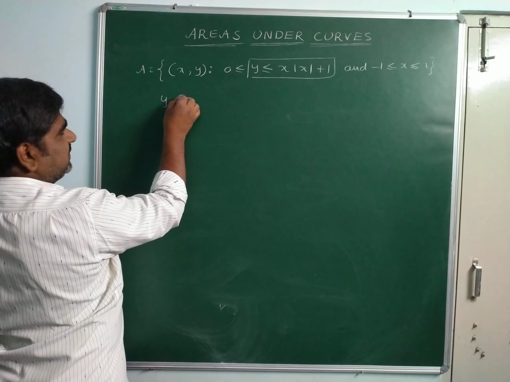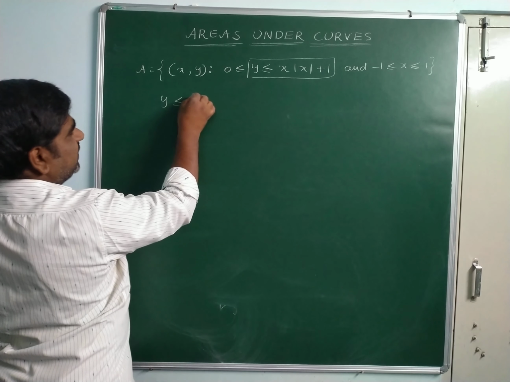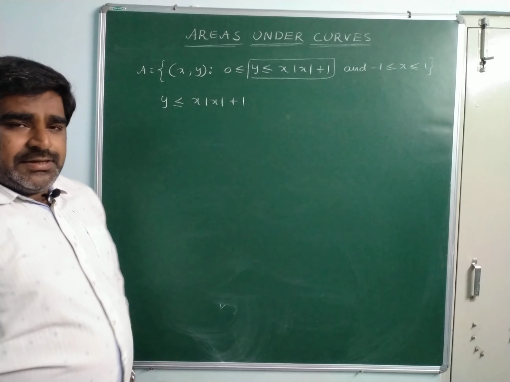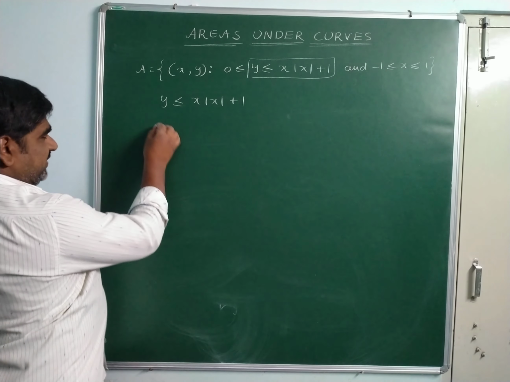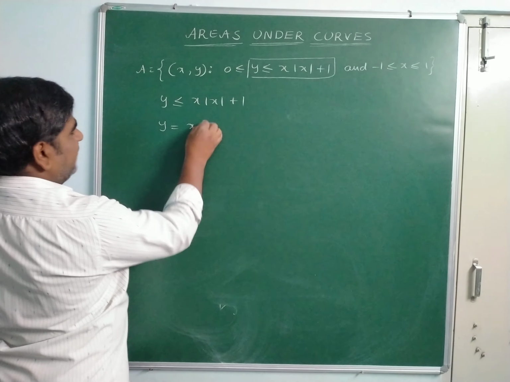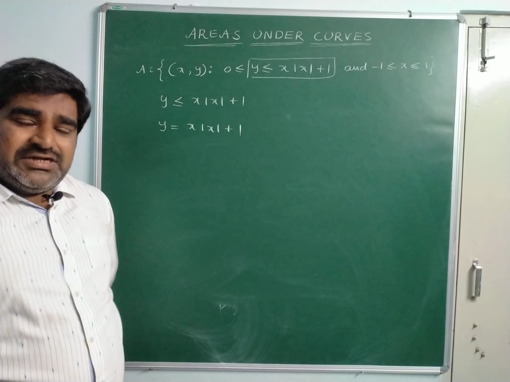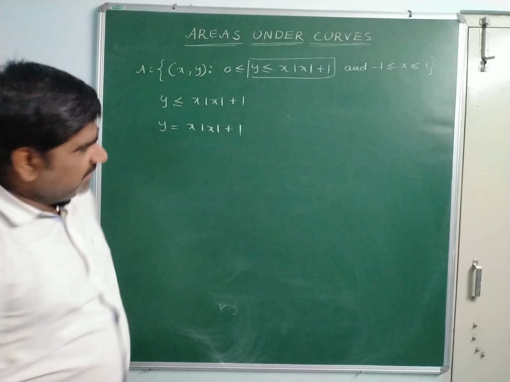So y is less than or equal to x|x| + 1. To trace a curve, just take the equality y = x|x| + 1.